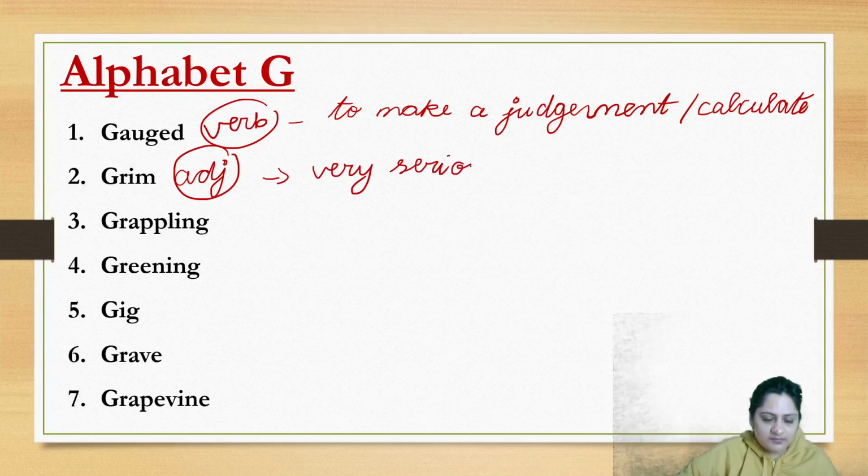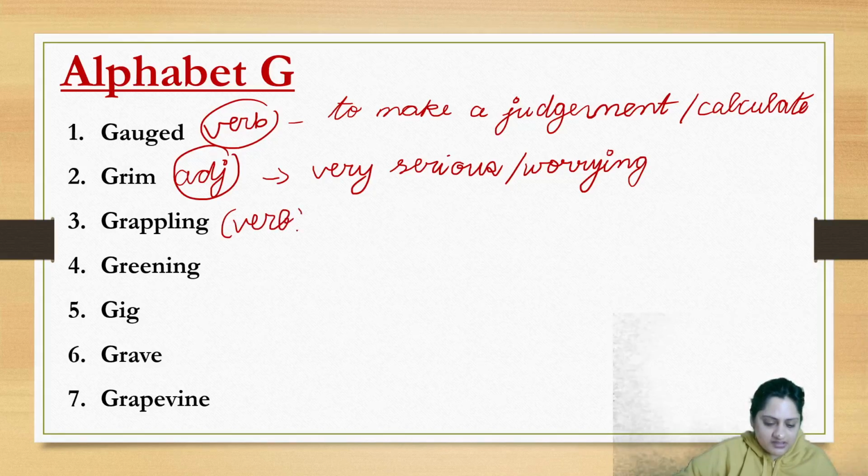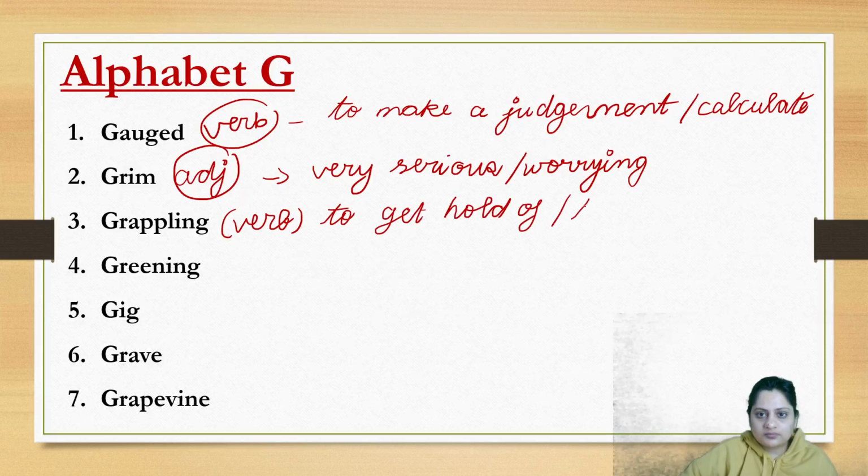Grim means grim situation, very serious. Gambhir, unpleasant, something which is worrying. Grappling with something. Grappling with, guys, to get hold of something. Okay, to get hold of, try to control something. Grappling, try to control.